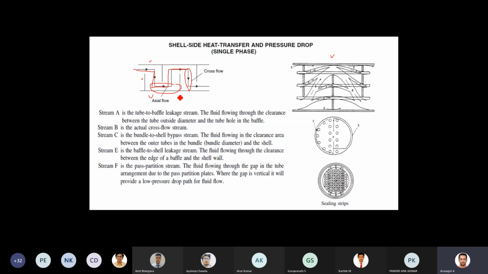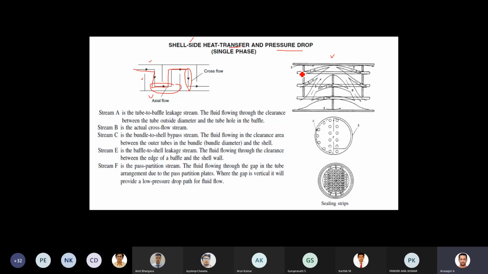So Tinker is the very basic model, then Bell-Delaware expanded this stream flow analysis method to calculate the heat transfer coefficient and pressure drop on the shell side. During the construction of the heat exchanger, we provide constructional tolerances or clearances between tubes.